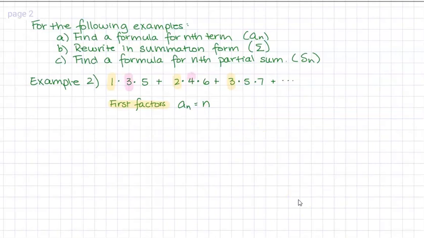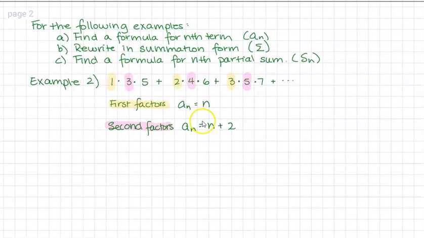Focus on 3, 4, and 5. So for the second factors, can we come up with a formula for them? And again, we can, because it's just arithmetic. We're increasing by 1 each time. So d is 1, so it's going to be 1n plus 2.